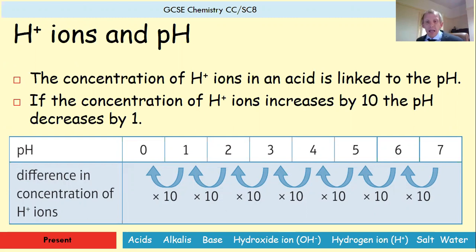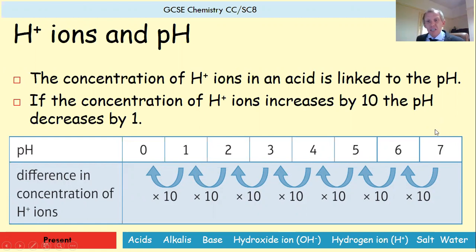So a solution that has a pH of 7, we're going to throw some arbitrary numbers into it. Let's just say the pH of the solution, pH 7, this solution has 10 hydrogen ions in it. That's not the case, but we'll just say that for this instance.